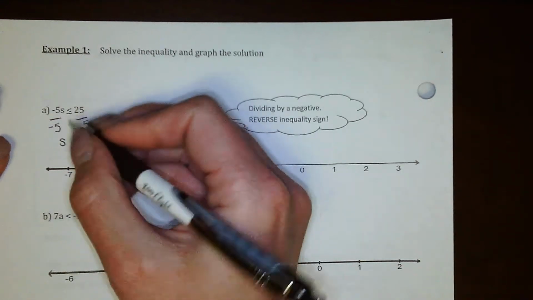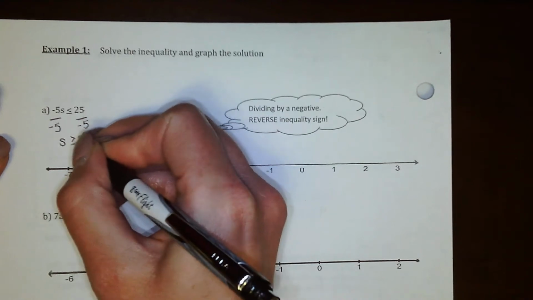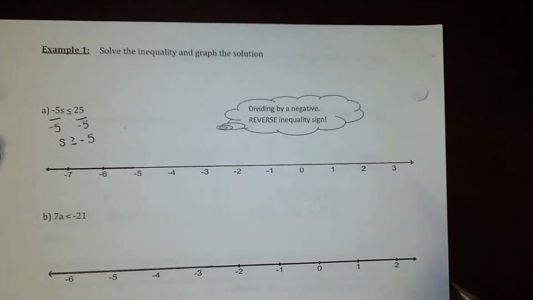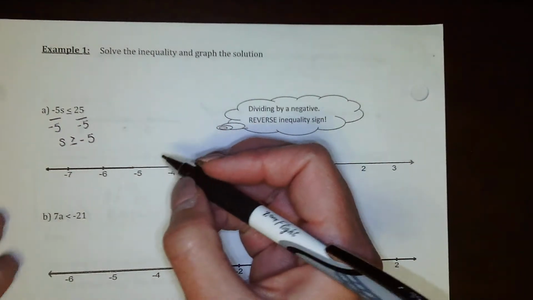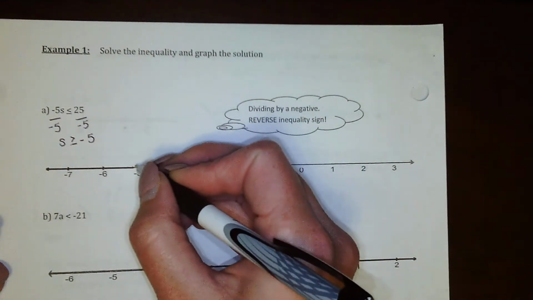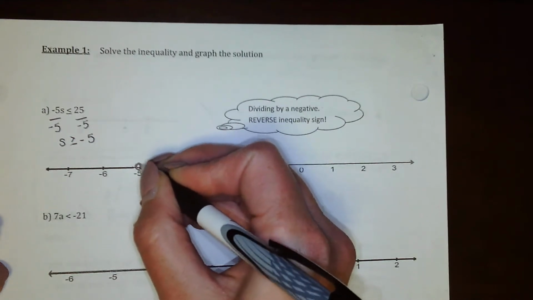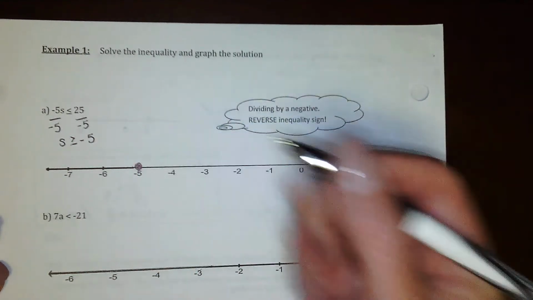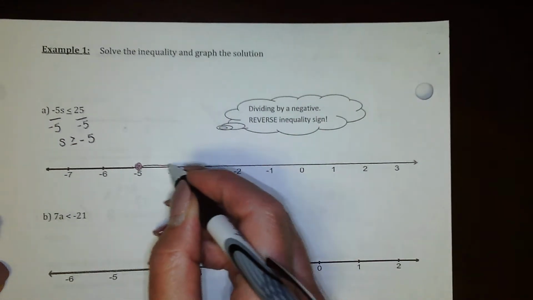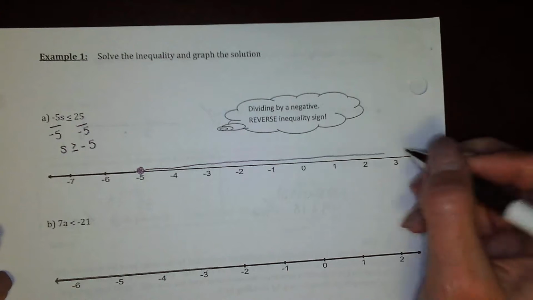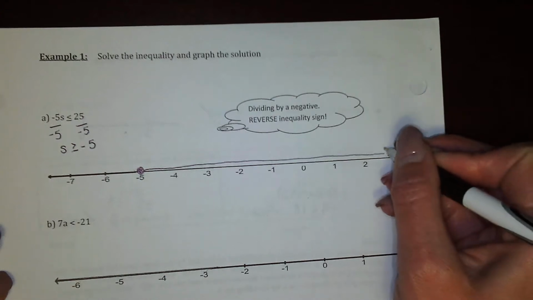Now I just want to make sure I'm reversing that sign. So s is greater than or equal to -5. If we go back to when we were doing diagrams, s has to be greater than or equal to, so I'll make a closed circle, and then we're going to go so that it's larger.